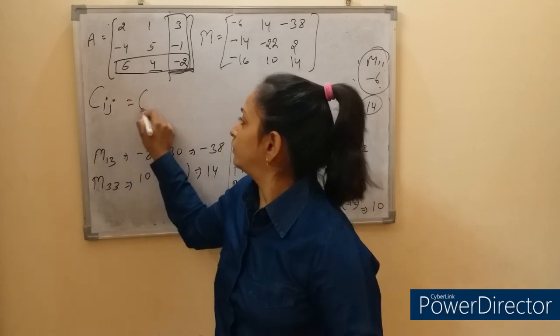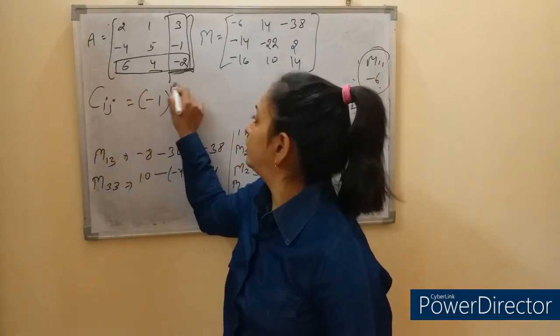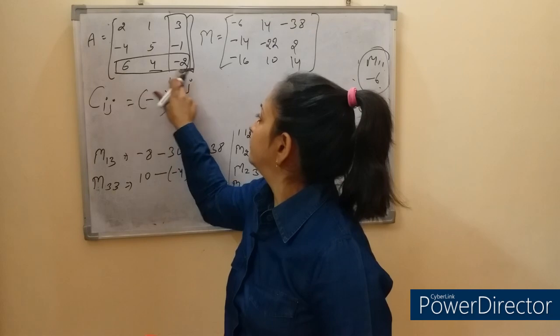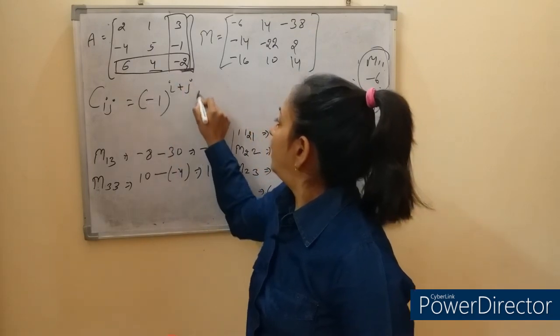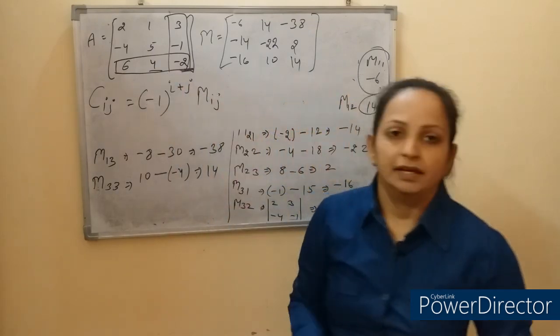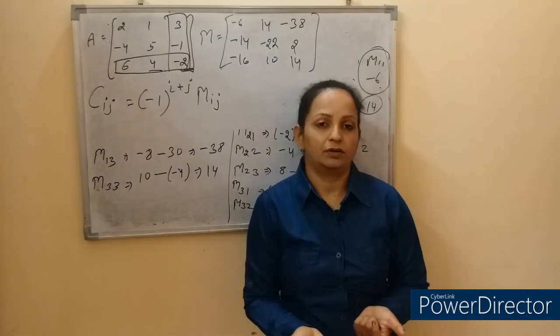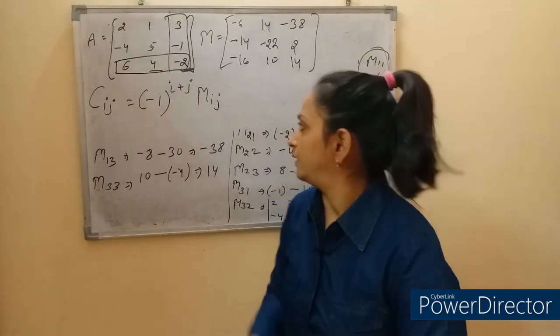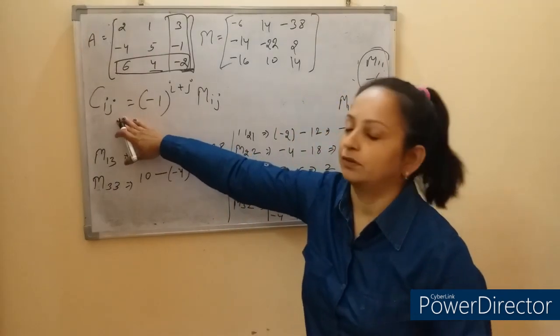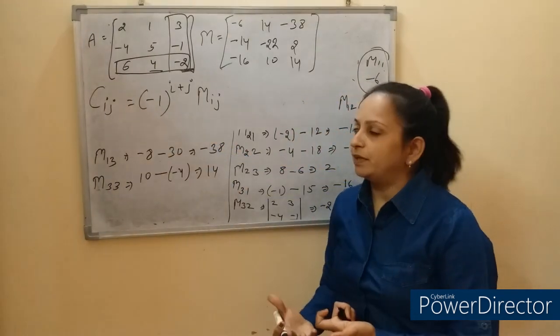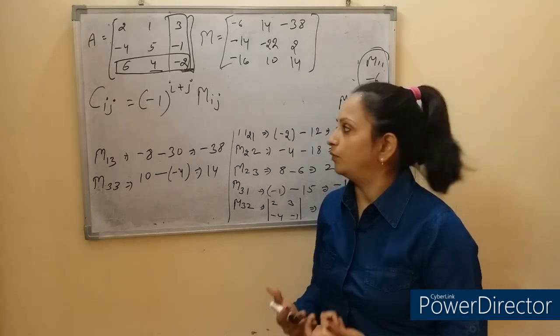Cij is equal to minus 1 raised to the power i plus j times Mij. This is the formula which you have seen in your textbooks or maybe in your notebooks, a formula to find the cofactor. This looks complicated, but this is the simplest formula ever.